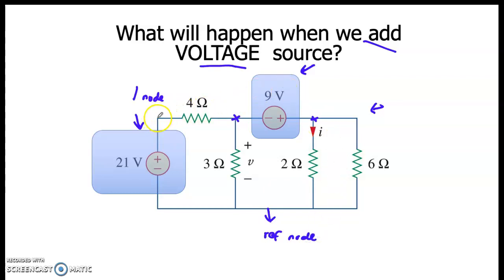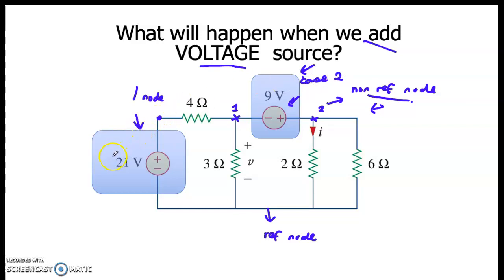Okay, these are the essential nodes, node 1 and node 2. So node 1 and node 2, we call those non-reference nodes. So when there is a voltage source connecting both 1 and 2, both non-reference nodes, that will be another case that we call case 2.